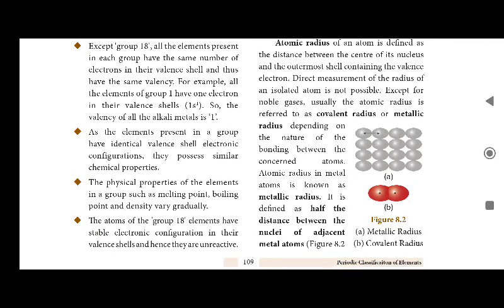As the elements present in a group have identical valence shell electronic configuration, they possess similar chemical properties. What do you mean by electronic configuration? Arrangement of electrons in an atom.